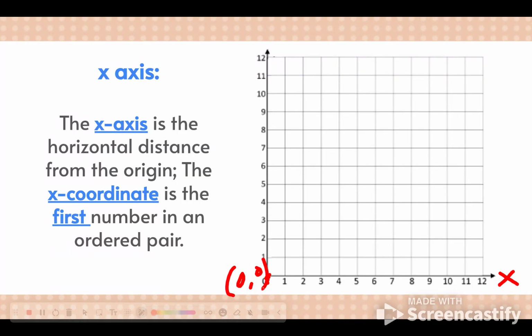The x-axis is the horizontal distance from the origin, which means, remember, horizontal is from left to right. And the x-coordinate comes first in an ordered pair. That is the first number in an ordered pair.